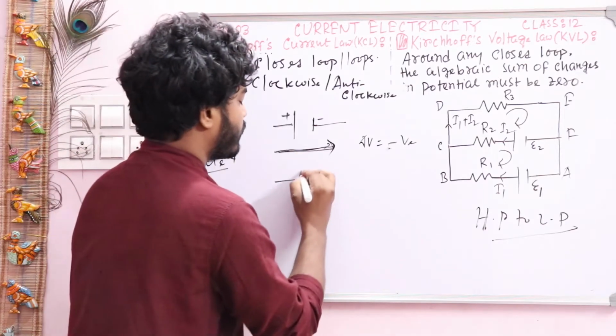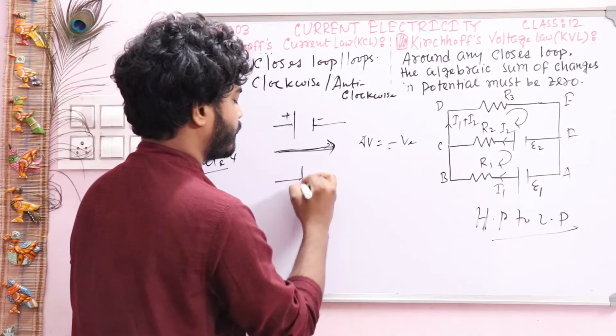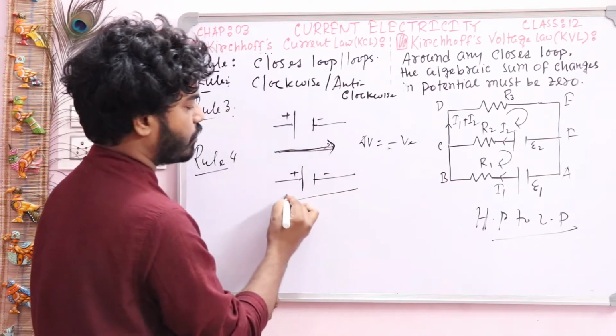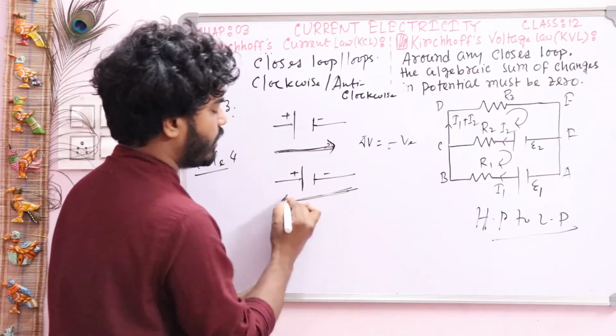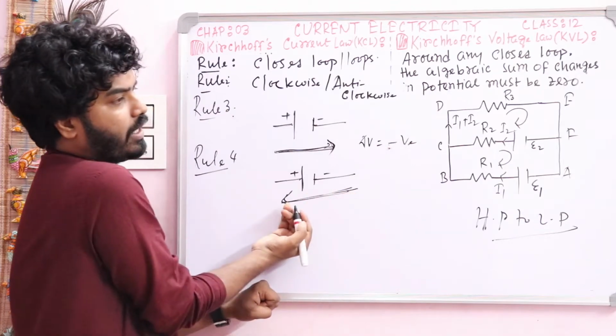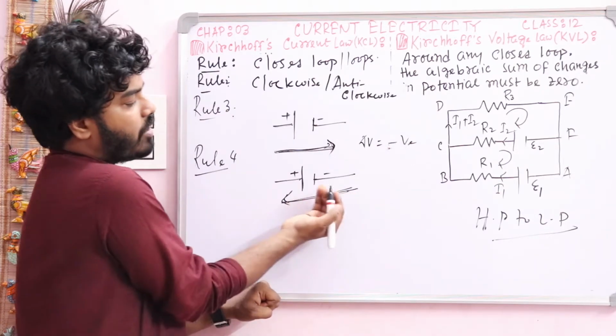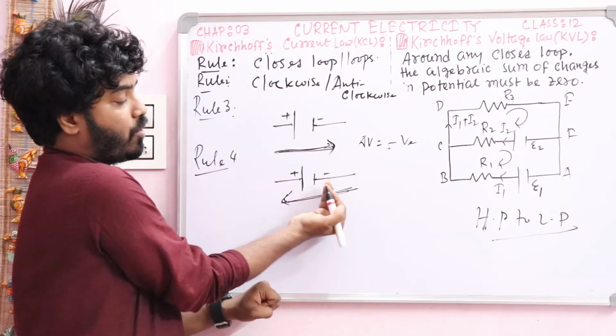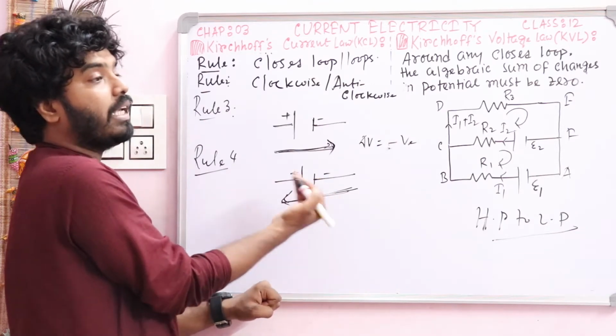When this is our cell, plus and minus, and your direction is this way, that means your direction is negative to positive, from low to high potential, so potential increases.